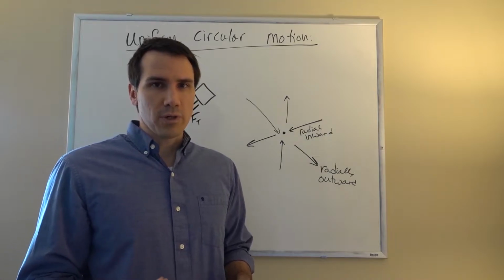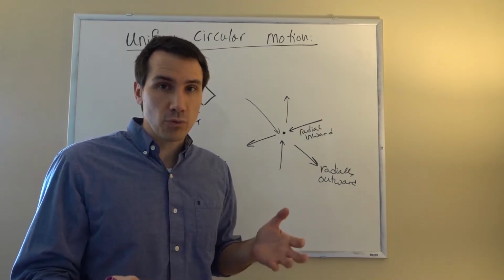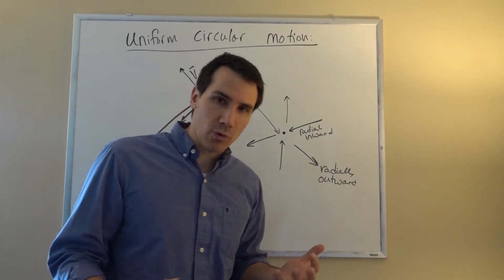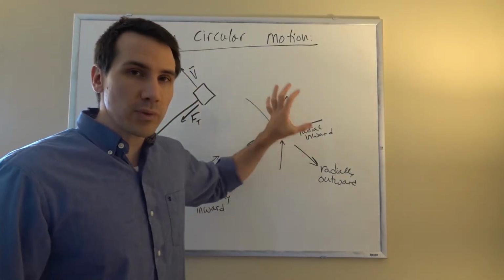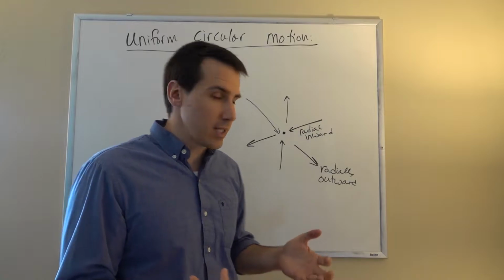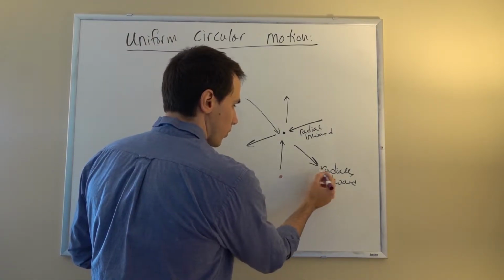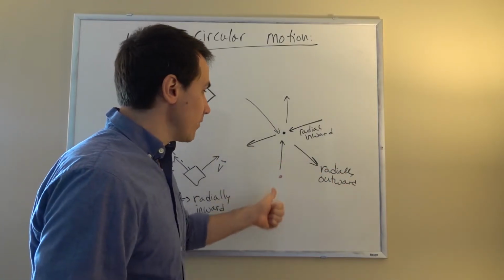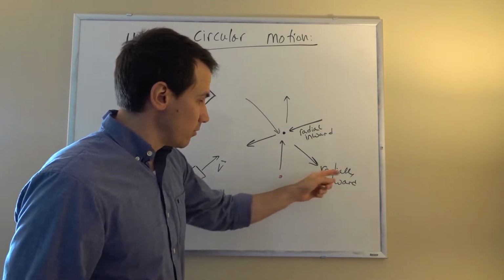Whenever we're using a coordinate system, we would like our two directions to be perpendicular to one another, so that X is perpendicular to Y, for example. So here we would like another coordinate such that I could move from, say, this point here to a point over here. Obviously moving directly toward or away from the circle will not help me to move this way.